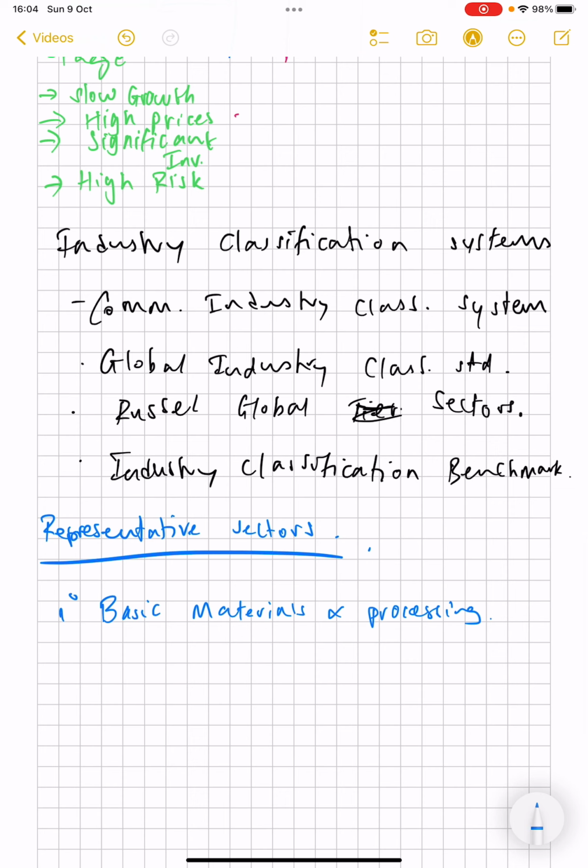So building material, chemical, paper, forest products, containers and packaging, mineral and mining companies, etc.